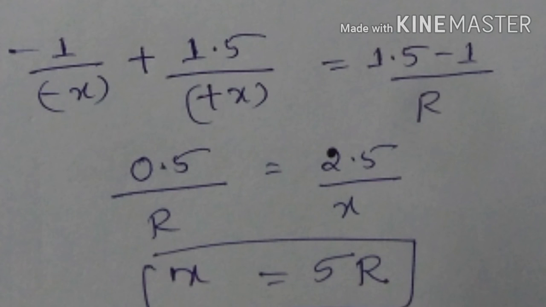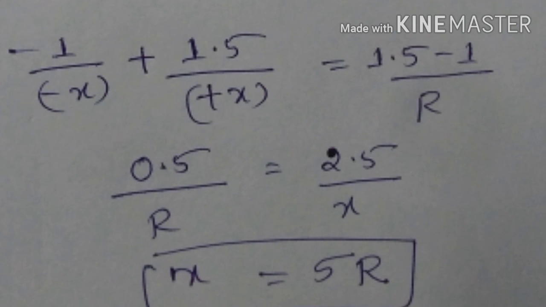Here, minus 1 divided by minus x, the minus minus gets cancelled, and what remains is plus 1 by x. If you add 1 by x to 1.5 by x, you will get 2.5 divided by x. So, 0.5 divided by R is equal to 2.5 divided by x.